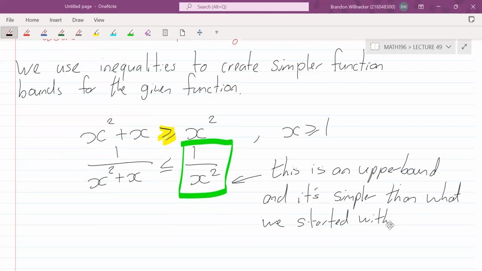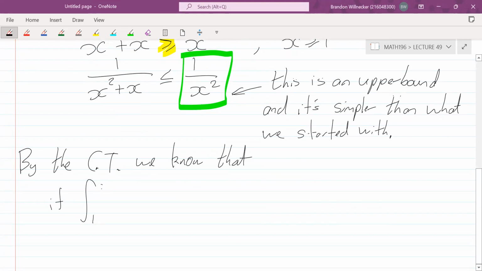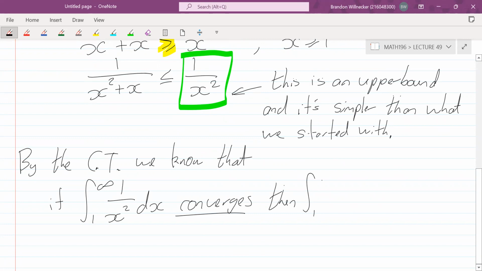Now, by the comparison theorem, we know that if this upper bound converges, then this original function also converges. So by the comparison theorem, we know that if the integral from 1 to infinity of 1 over x squared dx converges, then the integral from 1 to infinity of the original also converges.